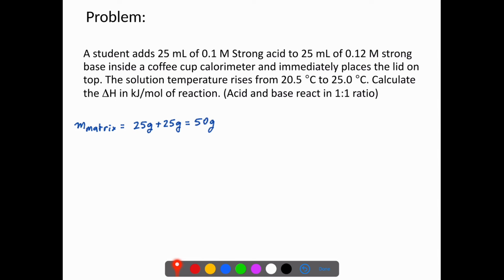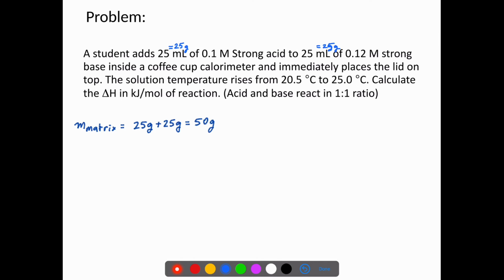So the mass of the matrix: you can assume that the density of the solution is the same as the density of water, so 25 mLs will be 25 grams, because we're assuming that the solution's density is 1 gram per mL. So 25 milliliters here is also 25 grams.